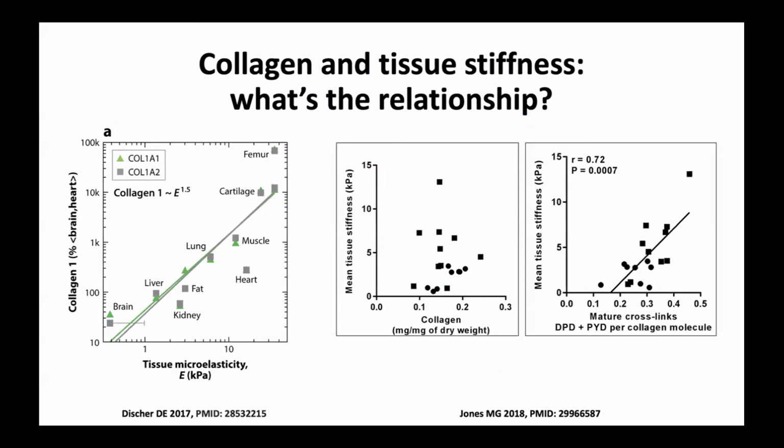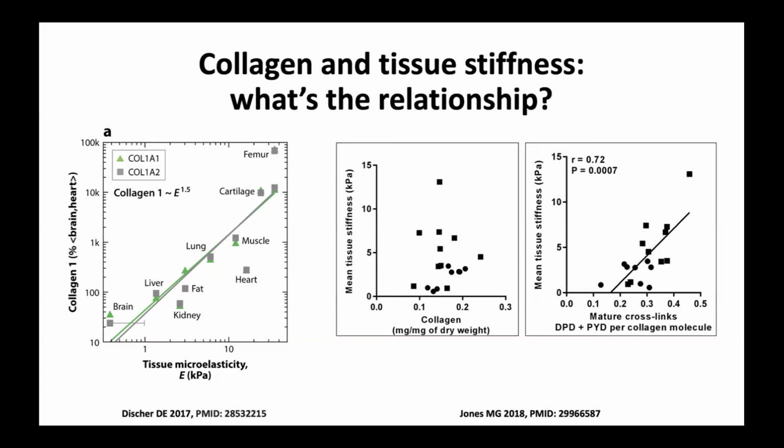The final thing I want to talk about with collagen is the question about collagen and tissue stiffness, and what is the relationship? I think there are two sides to this coin, but the two sides are part of the same coin. The first is that Dennis Discher's group has done some really nice work, particularly with the literature, looking at the percentage of collagen in different tissues and their mechanical properties.